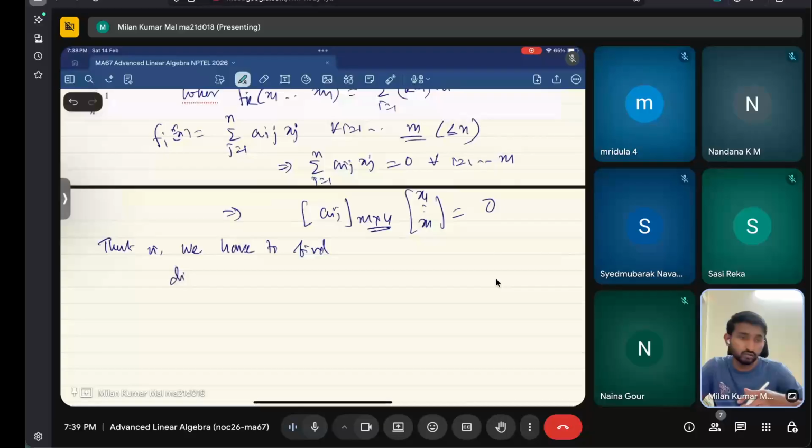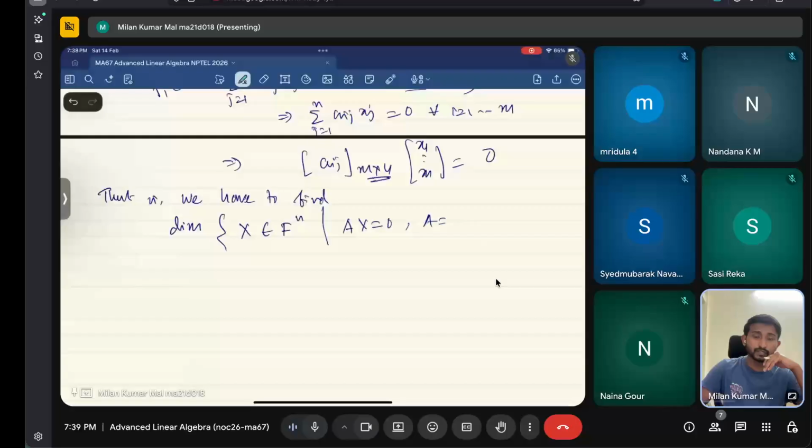And you know how to do that; it was already discussed. So how do we get that dimension? Basically, the kernel of A. If you do the row reduction of the matrix A, then this will be exactly the number of zero rows. Okay.